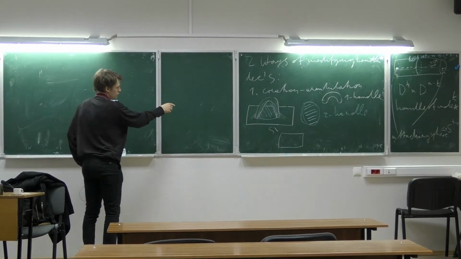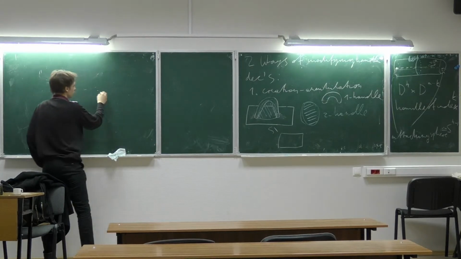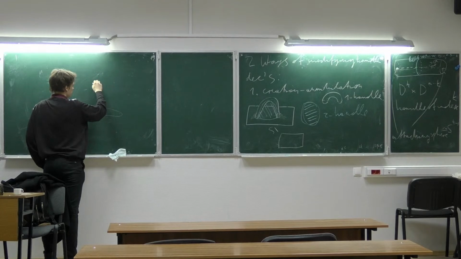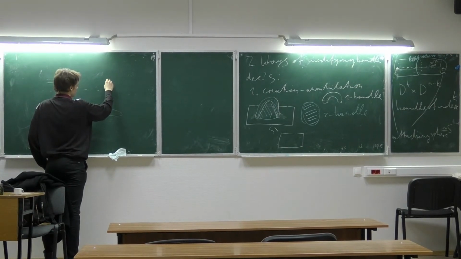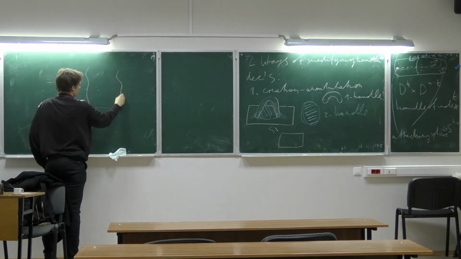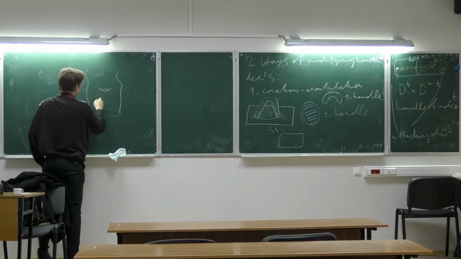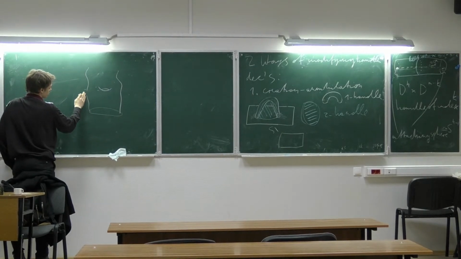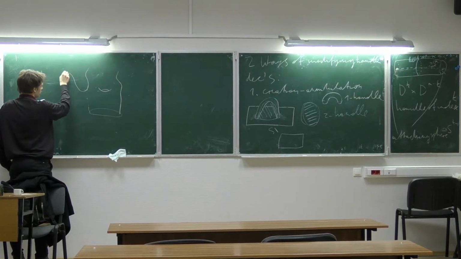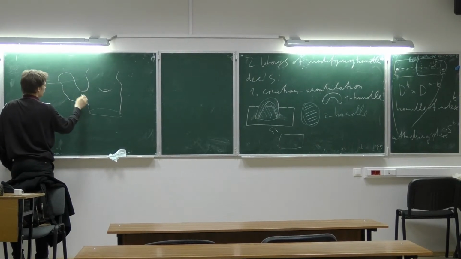So from the viewpoint of Morse function, suppose you had some non-trivial cobordism, then you can just attach a stupid cobordism of this form.